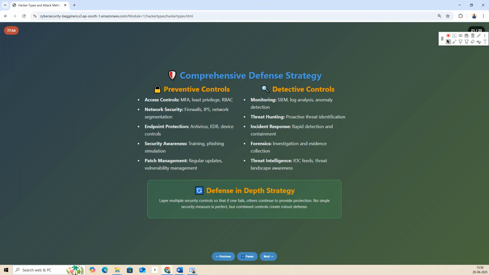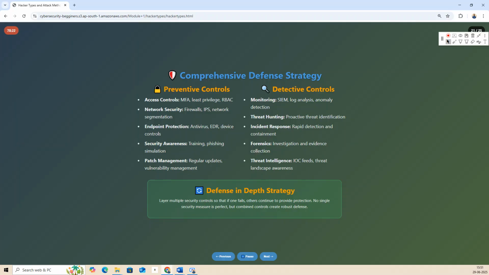Secure your endpoints, end devices, by installing antivirus, EDR, device controls. Train your employees on phishing emails, make them security aware. Patch management: update your systems regularly whenever a new patch is released.